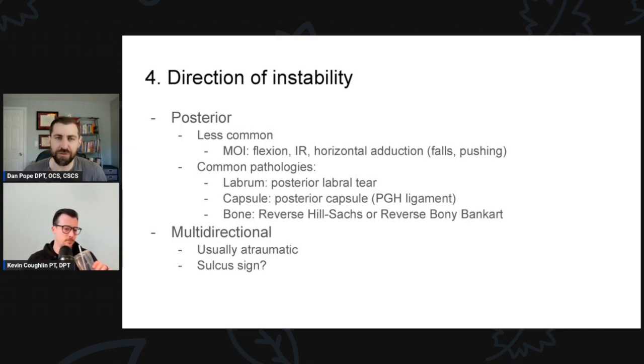Yeah, for sure. These are the folks, again, that tend to do well with physical therapy. Another little diagnostic tip is that they tend to have capsular redundancy. So if you're doing the sulcus sign, what you're doing is taking up all the slack in the joint. You're just pulling all those ligaments and the capsule taut. And basically, you have to pull a lot for it to become taut. So when these folks go into abduction, they tend not to move very much from their shoulder blade just because they have so much motion from the shoulder joint.